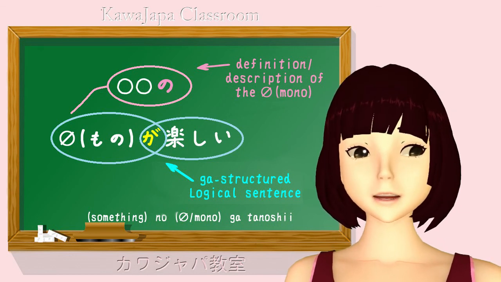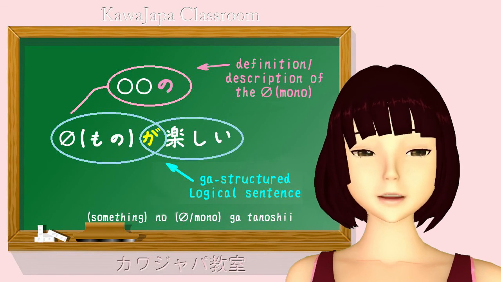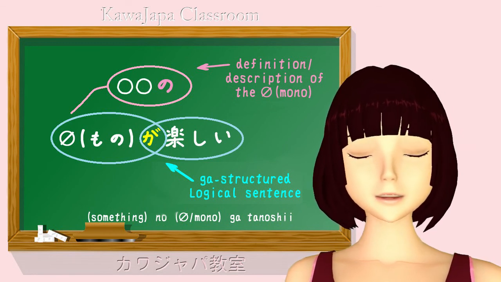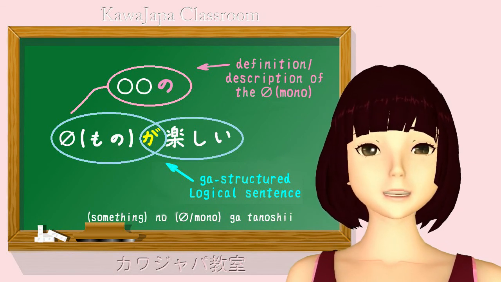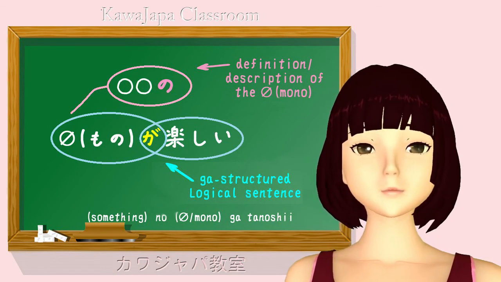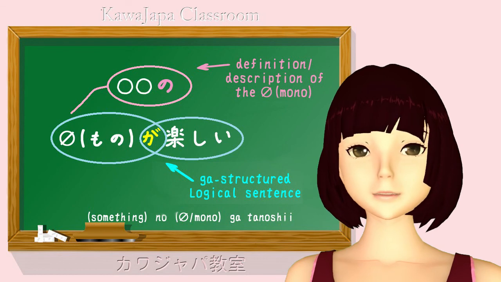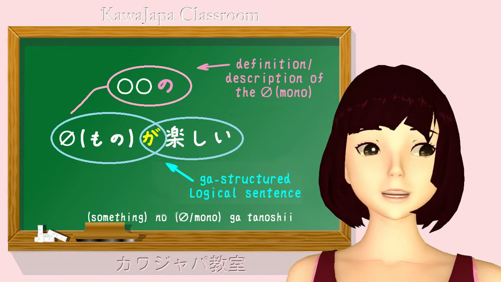Now this may seem like splitting hairs. We can just say, can't we, that anime wo miru no becomes a noun, like the English watching anime is fun. Watching anime has become a noun.